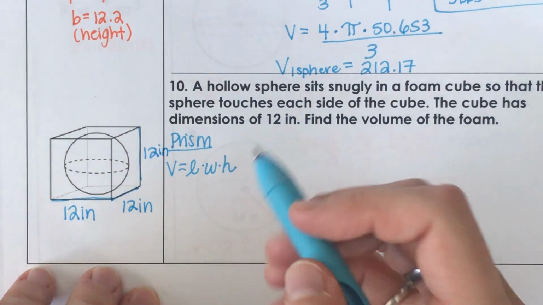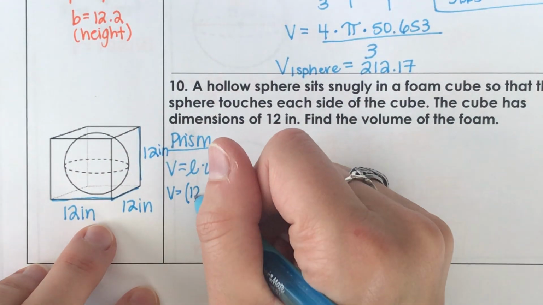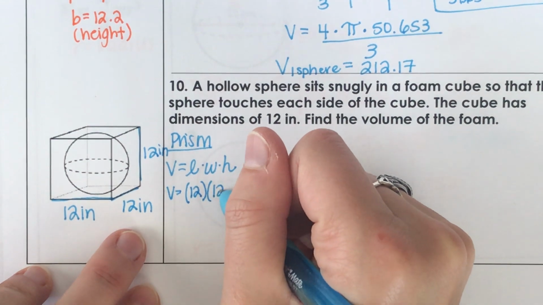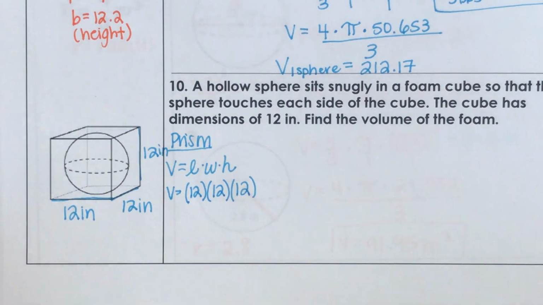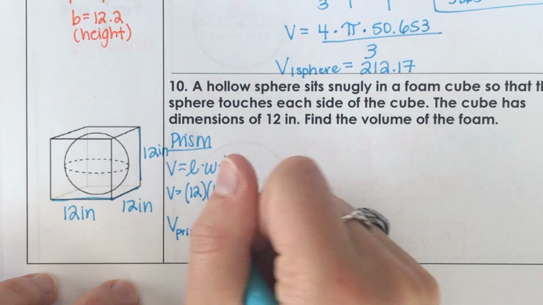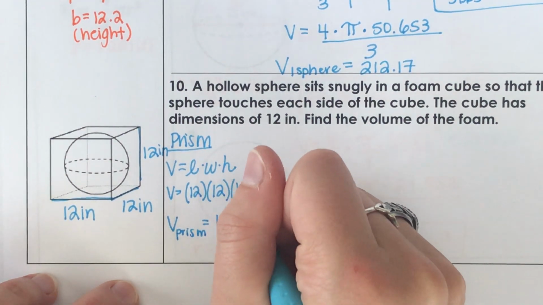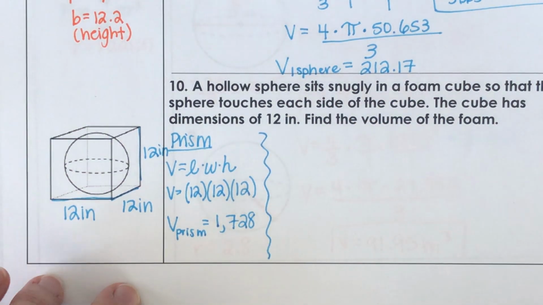So my volume is going to be the length 12 times the width 12 times the height 12. So 12 times 12 times 12. If I do that, I get the volume of my prism is 1,728. That's my first part.